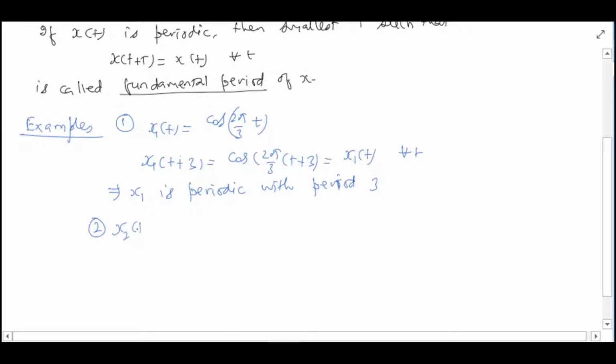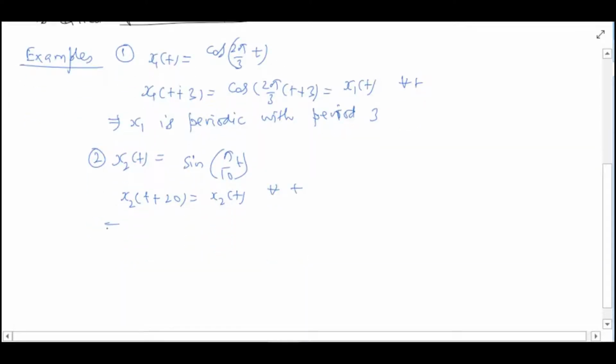Say x2(t) is sin(π/10 t). As in the case of x1, we can verify that x2(t + 20) is x2(t) for all t. So x2 is periodic with period 20.